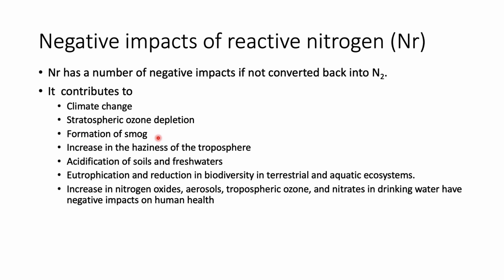It also causes formation of smog, which is related to Arctic haze. We will also study this. Also an increase in haziness of the troposphere, acidification of soil and fresh waters, eutrophication and reduction in biodiversity in terrestrial and aquatic ecosystems. Increases in nitrogen oxides, aerosols, tropospheric ozone and nitrates in drinking water have a negative impact on human health. These are all the negative impacts of reactive nitrogen species.